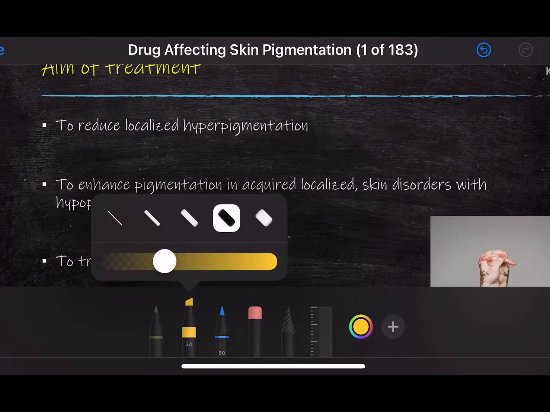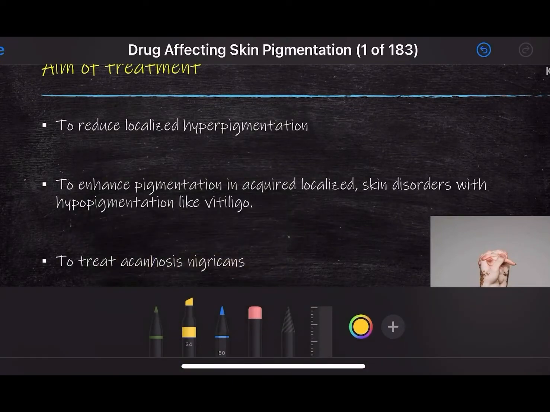This whole treatment is associated with the quantity of melanin. If its quantity is low, we need to increase it. If its quantity is high, we need to reduce it. And there is one important disease associated with skin pigmentation which we will discuss later, that is acanthosis nigricans.